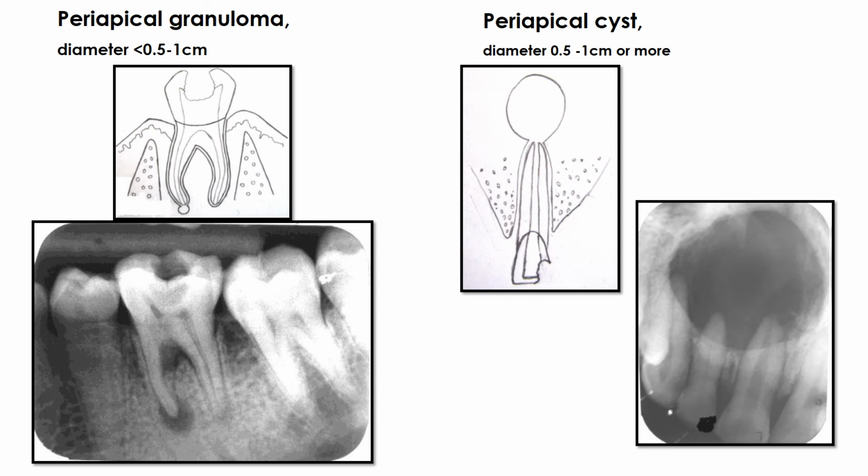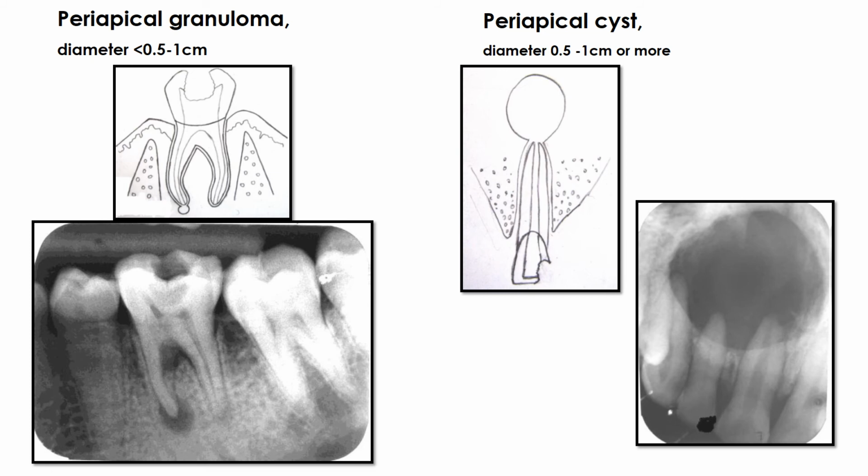On the other hand, a periapical cyst is very similar in appearance but could be larger. They could be very large cysts, more than 2 to 3 cm in size as well, in which case all the teeth involved must be checked for vitality and must undergo root canal treatment if non-vital, and probably a large lesion like this might end up going for an apicoectomy, which you will learn about a little later on in your endodontics topics.